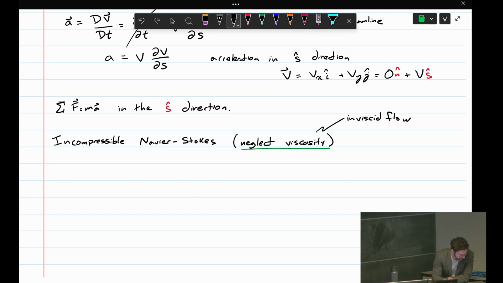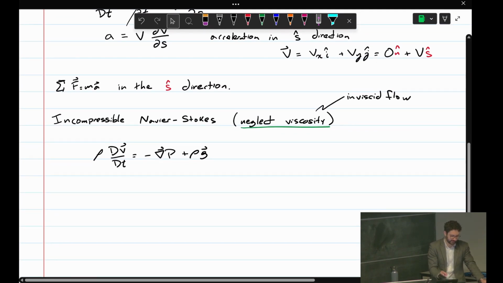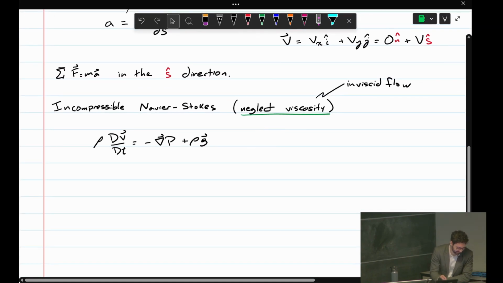Okay, so the incompressible Navier-Stokes equations without the viscosity term are rho dv by dt equals negative nabla p plus rho g. So again, there's no viscous term there. And we're going to look along the s direction.